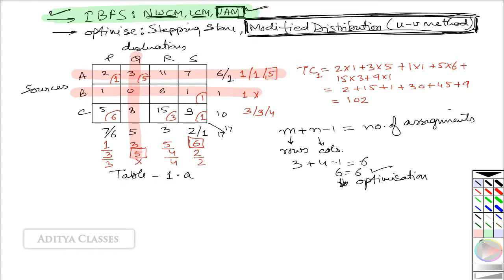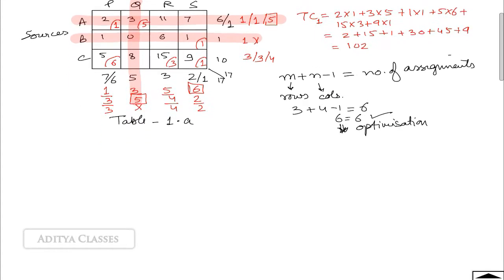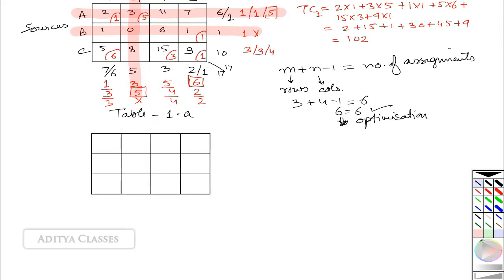Let us make another table, table 1.B. What is this 1.B? First phase and table B. Now there are certain steps for moving further. Now because it is a long process, we'll try to write down those steps.